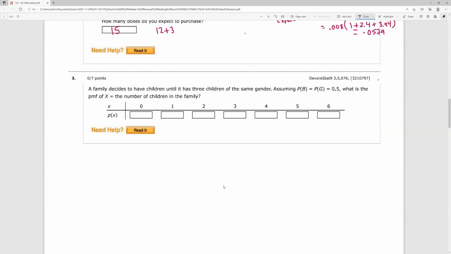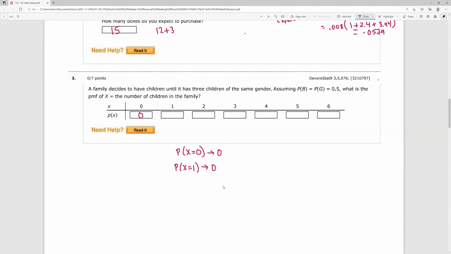But we can reason through this. We can talk through it. So the probability that they have 0 children in the family, well, if they're going to keep having children until they have 3 of the same gender, this is not going to happen, right? That's 0. They haven't had any children. Probability of X equals 1. Also, they haven't met their goal yet of 3 children of the same gender.